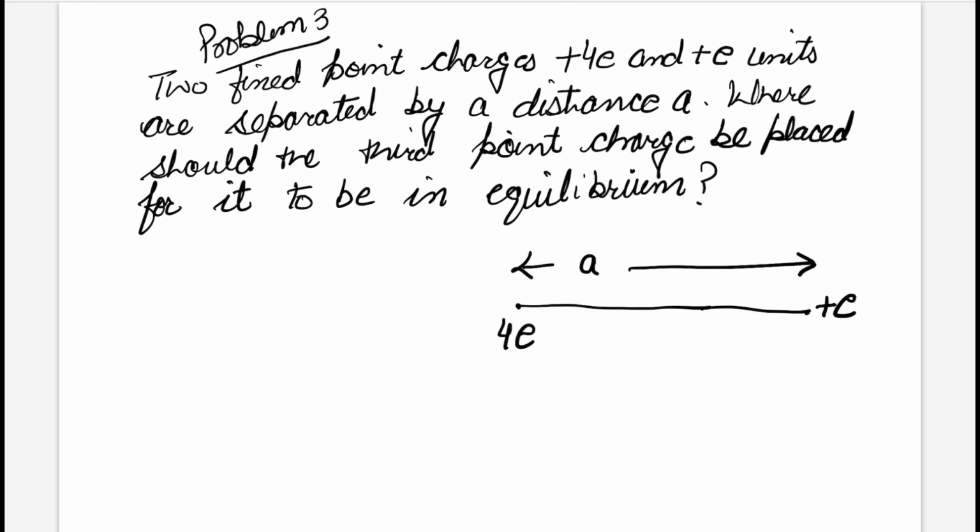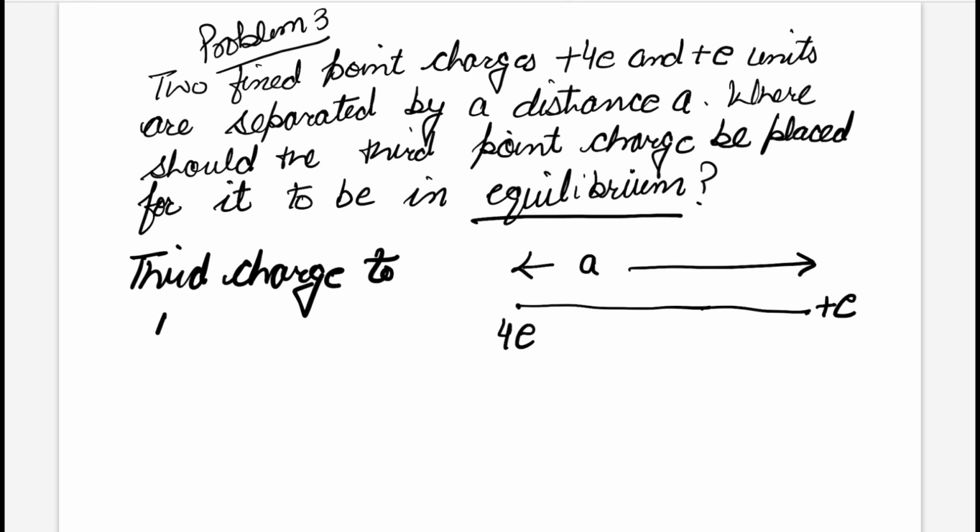Where should a third point charge be placed such that that particular charge is in equilibrium, right? So we need to mount the third charge. Say, for example, we take the third charge to be positive q, right?